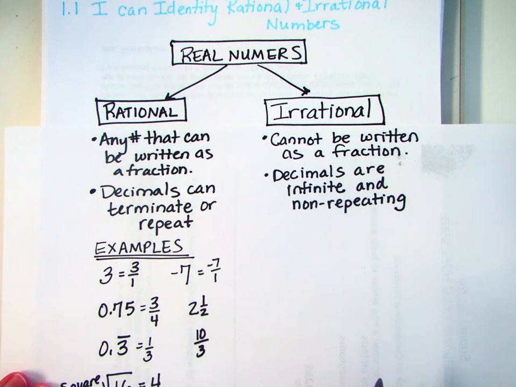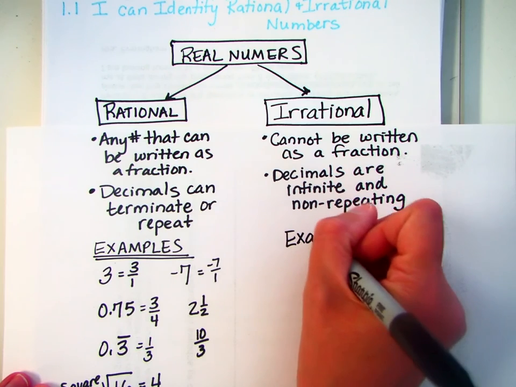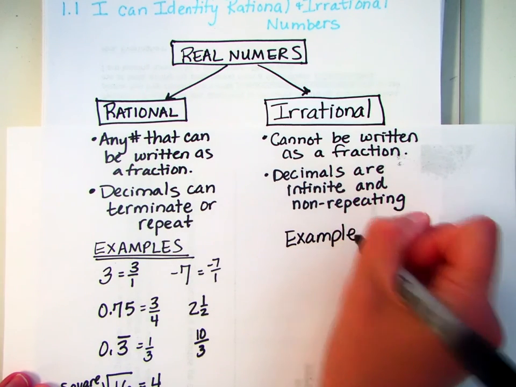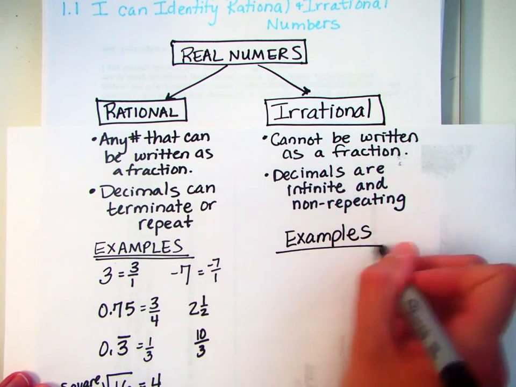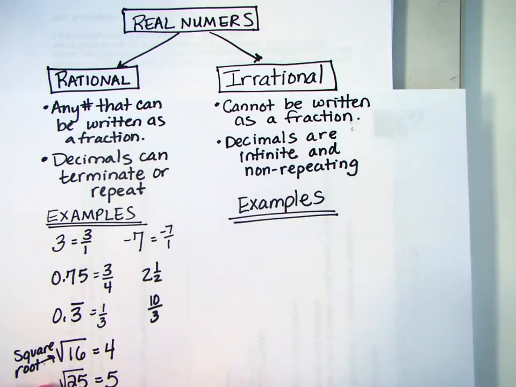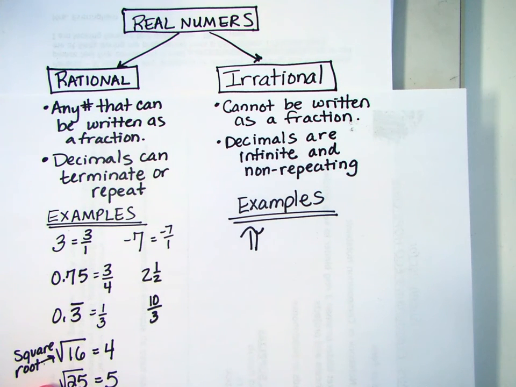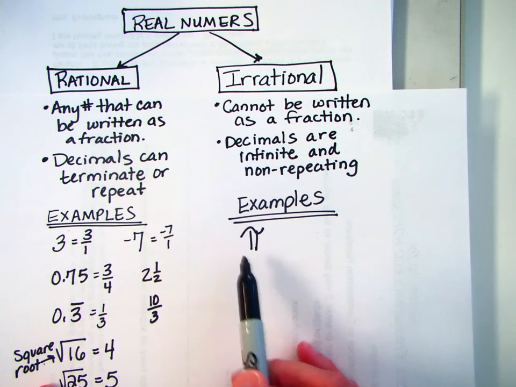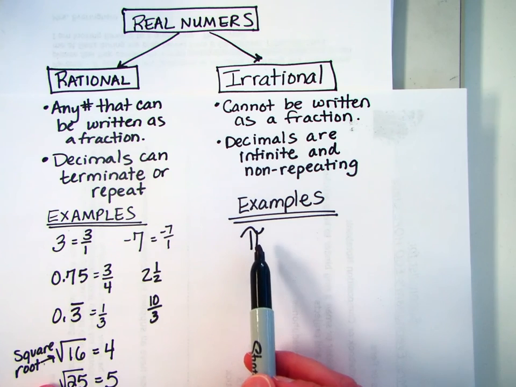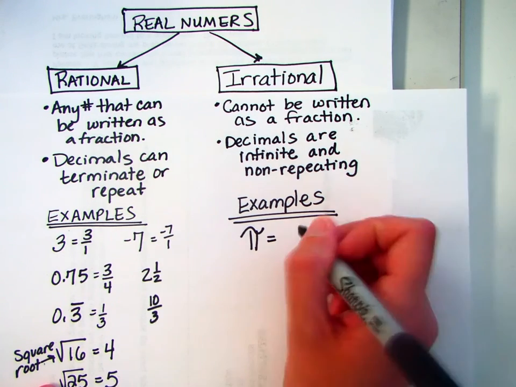All right, some examples, and you guys already knew one of them. An example of an irrational number was pi. Pi is one of those crazy numbers. We don't have a fraction to represent pi. And if we approximate, usually we just round or say pi is 3.14.